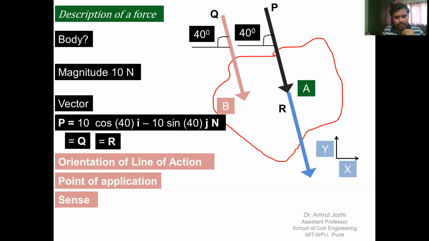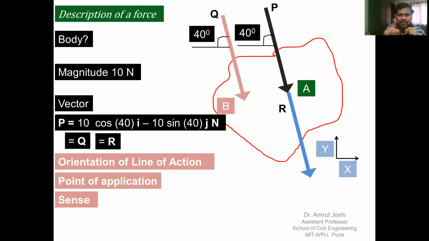Point number 2, direction, that includes three things: orientation of line of action of force, point of application of force, and its sense. So magnitude in specified system of units, orientation of line of action of force, point of application, and sense. These are the descriptors of force which completely describe a force under consideration.